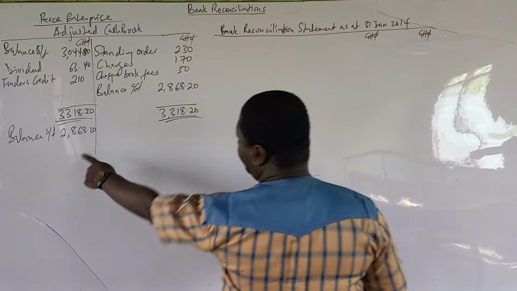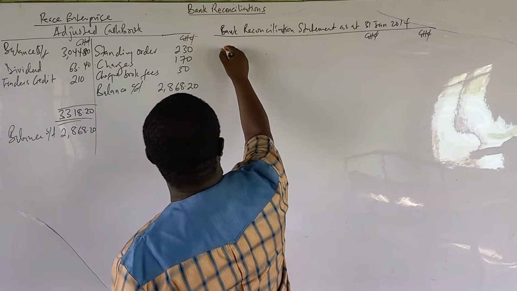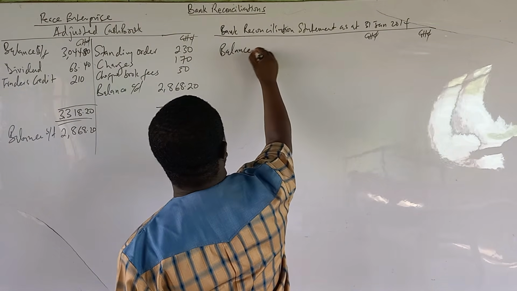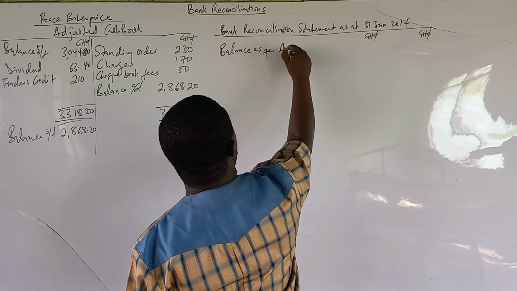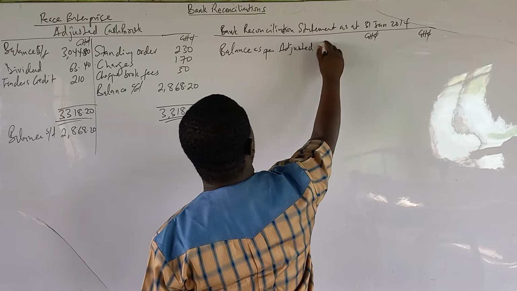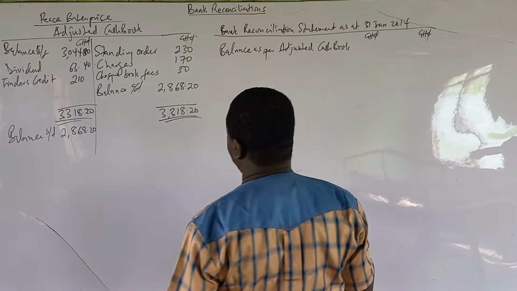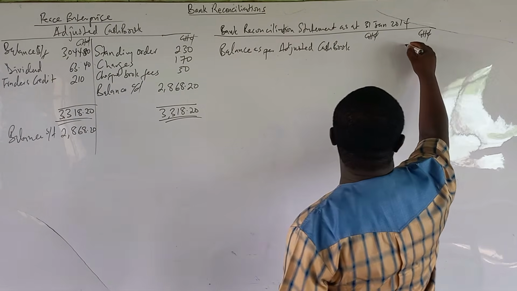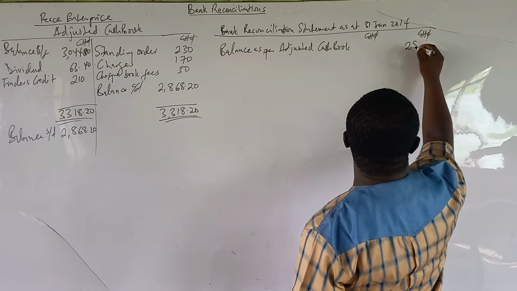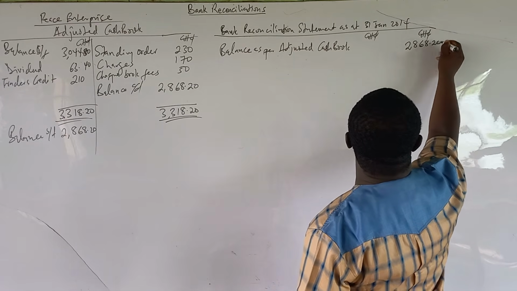We are going to begin with the balance as per adjusted cash book. And that is 2,868.20.